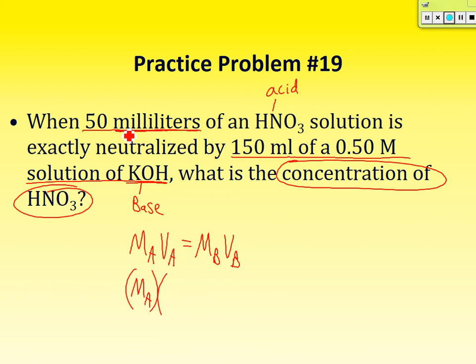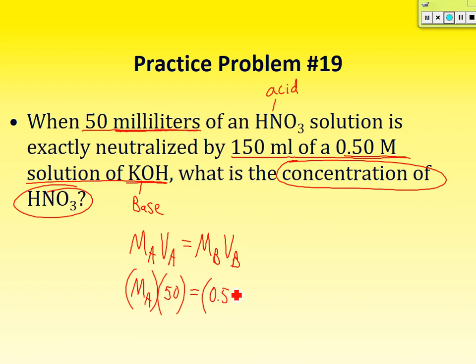Yeah, we could, but we don't have to, if you keep them the same on both sides of the neutralization formula. So if it's 50 milliliters, let's just keep it as 50 milliliters. But just make sure that the other side also has to be in milliliters. Okay? So equals. Did it give us the molarity of the base? Yeah, it did.